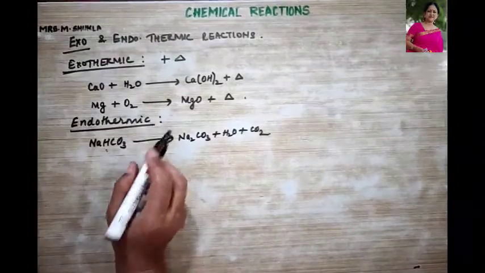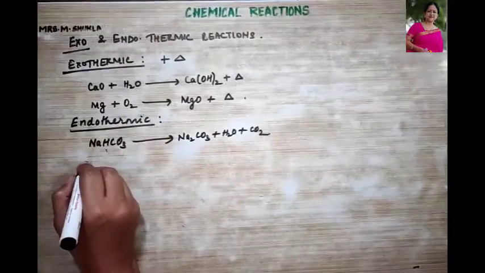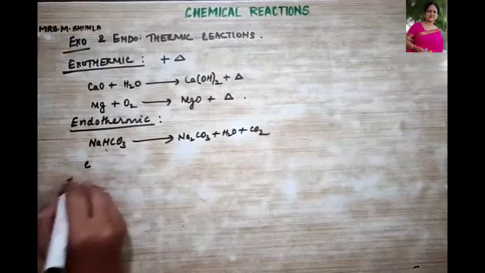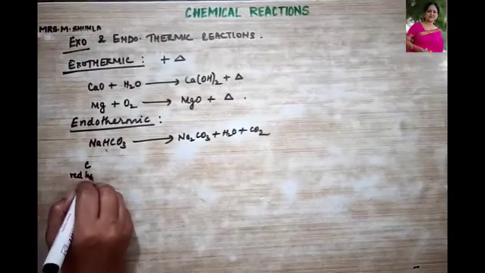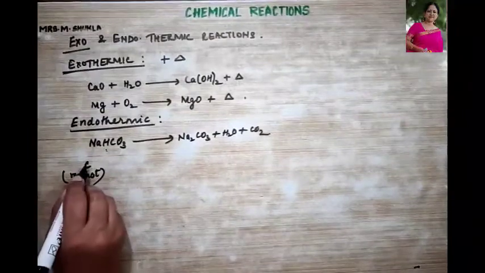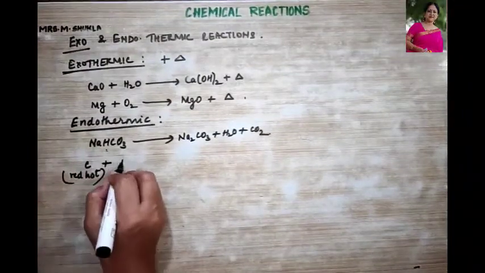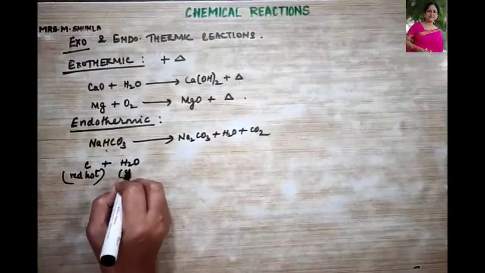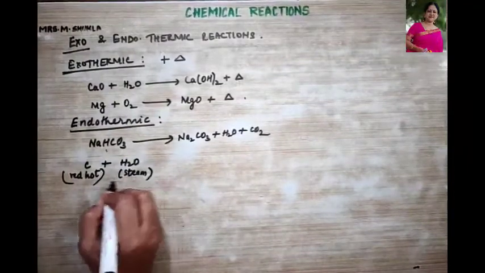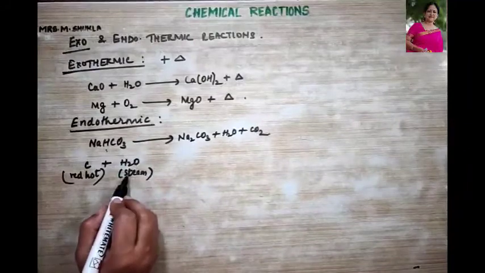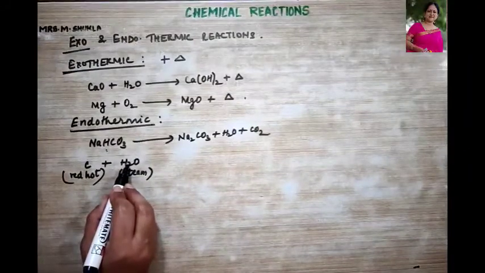Another example could be if I take coke which is red hot. Imagine it is red hot. So firstly I am heating this coke, I am giving it energy. Then I am using water in the form of steam. Again I am giving it lot of energy to convert this water into steam.